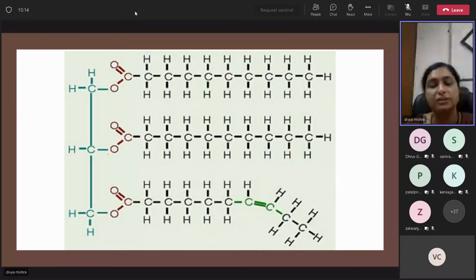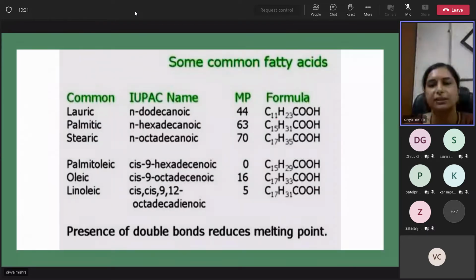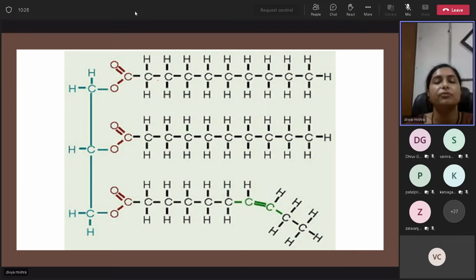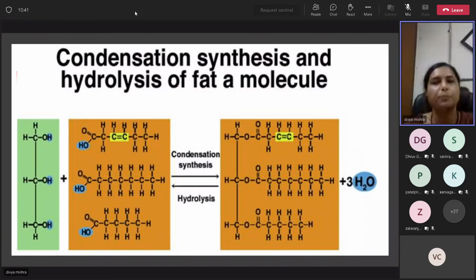Now, this is the structure of the fatty acid, how it looks. You have seen in the first slide the formula C11, C15, C17. When it becomes triglyceride, it looks like this. More precisely, on the screen you can see this is the condensation synthesis.